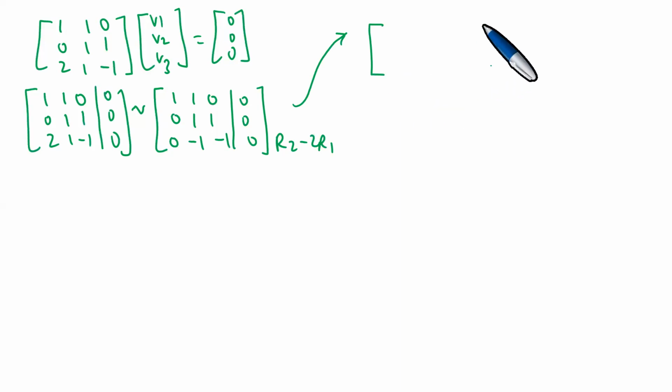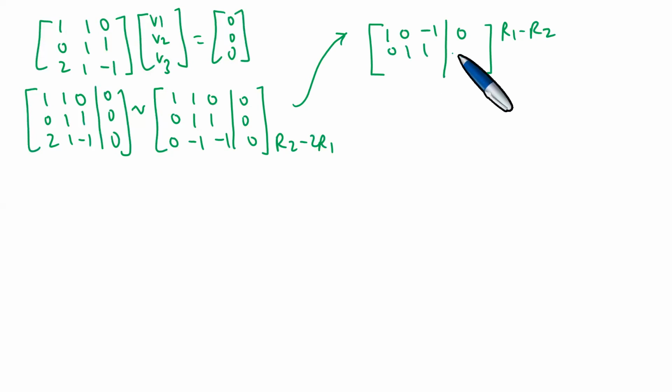Right. So if you have this, row 1 minus row 2. So you have this. Row 3 plus row 2. So, okay, we have this.